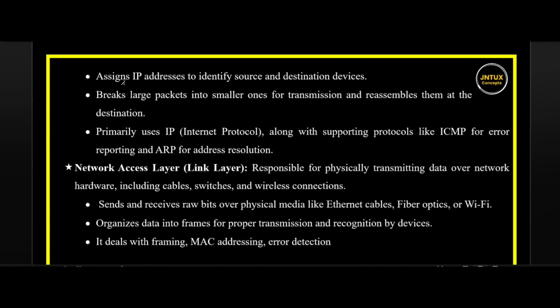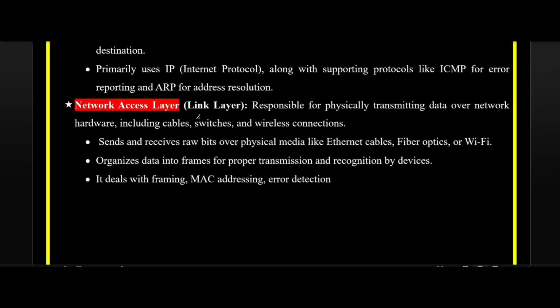It assigns IP addresses to identify source and destination devices. It breaks large packets into smaller ones for transmission and reassembles them at the destination. Primarily, it uses IP, Internet Protocol, along with supporting protocols like ICMP for error reporting and ARP for address resolution.